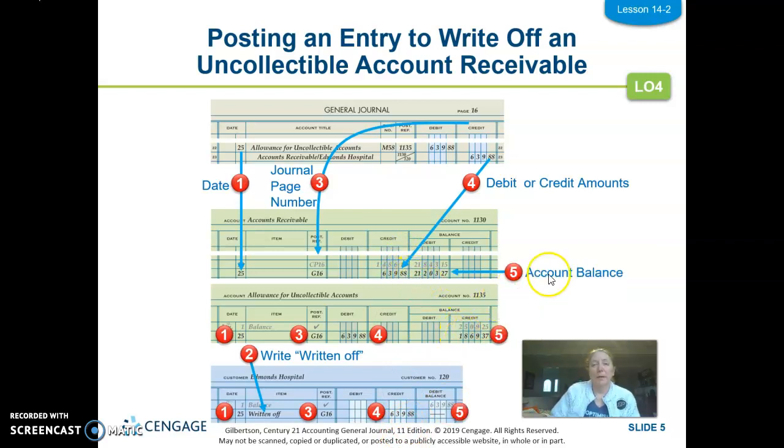Calculate new balances like we've done 5 million times, and then put the post references back up there. If you recall, again, the general ledger post reference goes on the top of 1130, and then the account from the subledger, the customer number 120, goes up there on the bottom. And then we did the 1135 for the allowance.